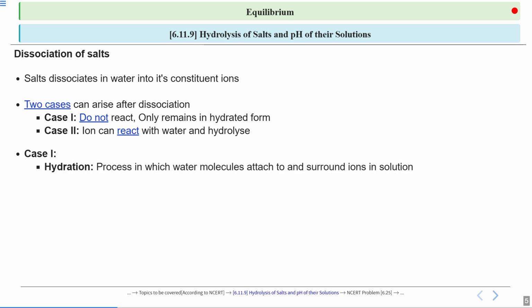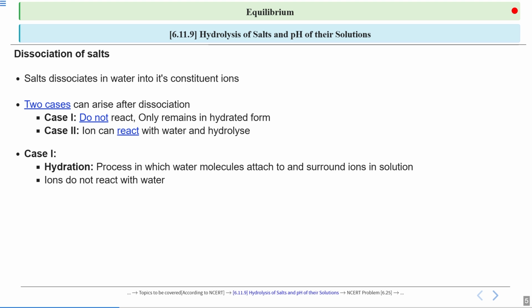Whenever your ion does not react with water molecules, and is instead only getting surrounded by those water molecules in the solution, we say the process is called hydration, meaning surrounding by the water molecule.